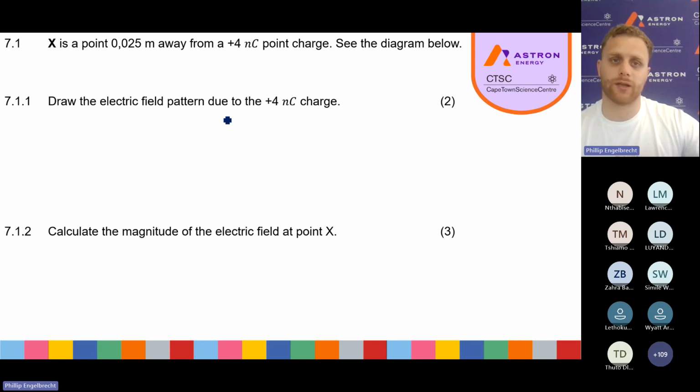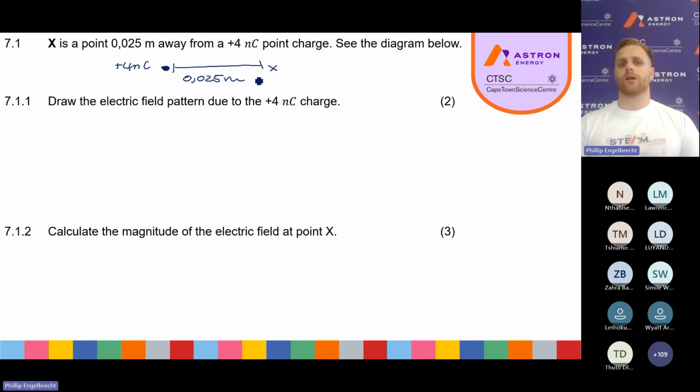Sorry, guys, I did forget to add it in. Here is our positive 4 nanocoulombs, and then here is point X. They are about 0.025 meters apart from each other. So that's basically your diagram.